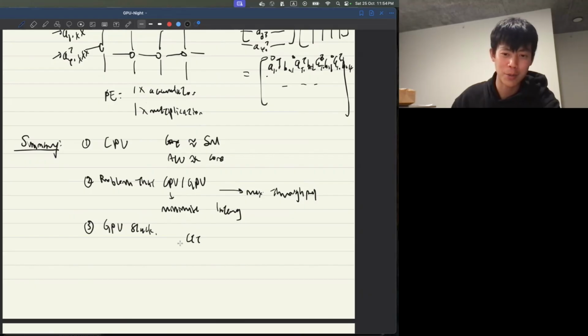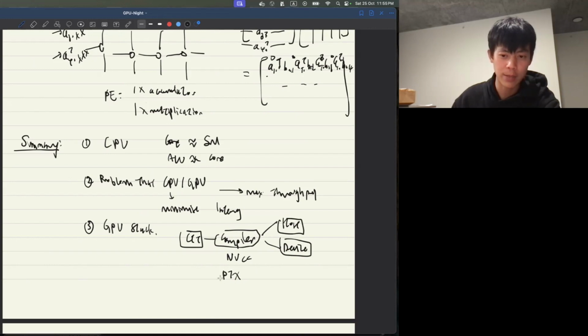We write a C++ program, we go through a compiler, we finally compile it on the host and the device. And we talk about how the compiler over here is the nvcc, how there's an intermediate language called PTX, and how the executable is called sass. And we also look at the CUDA programming model over here, which is the code.